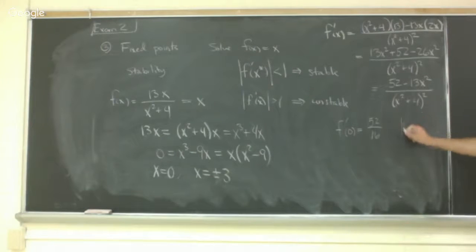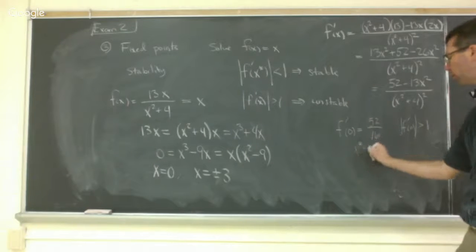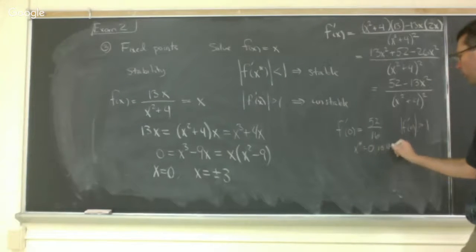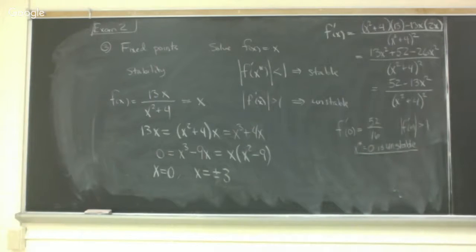So f prime of 0 has an absolute value that's greater than 1. What does that tell me? That tells me that x star equals 0 is unstable. If I created a sequence with that function close to 0, it would move away from that value.